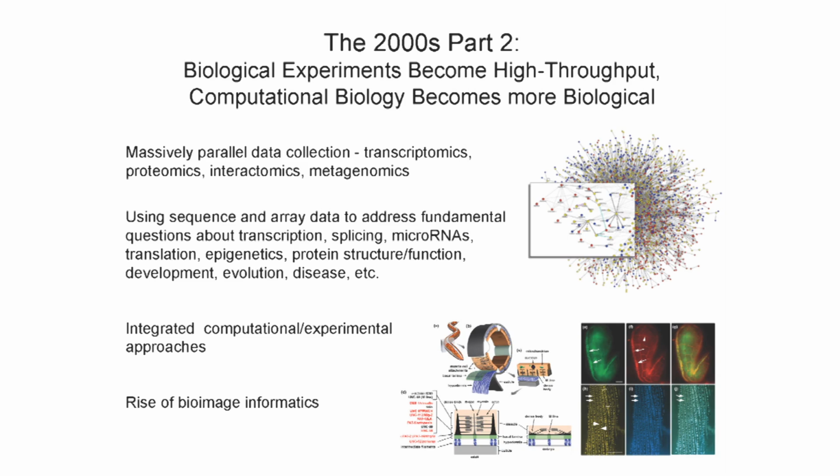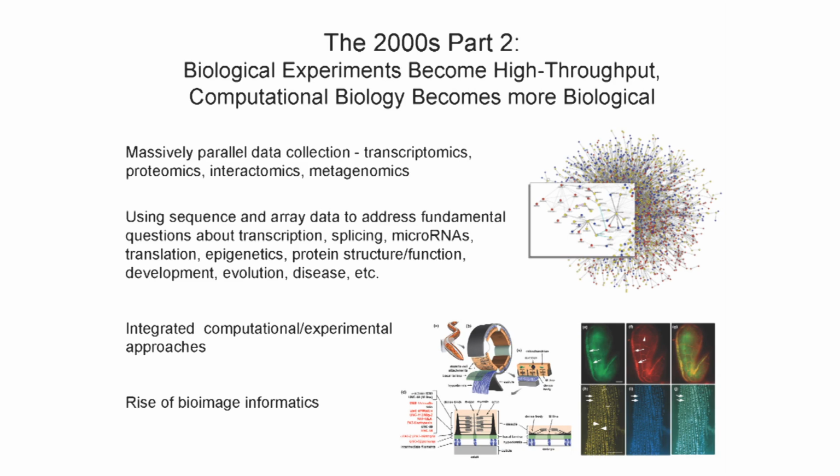And you could start to profile all of the transcripts in the cell, all of the proteins in the cell, and so forth. Then a variety of groups started to use these high throughput data to study various challenges in gene expression, to understand how transcription works, how splicing works, how microRNAs work, translation, epigenetics, and so forth. And you'll hear updates on some of that work in this course.